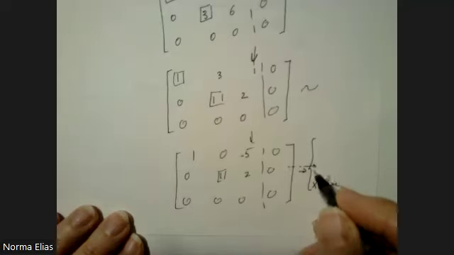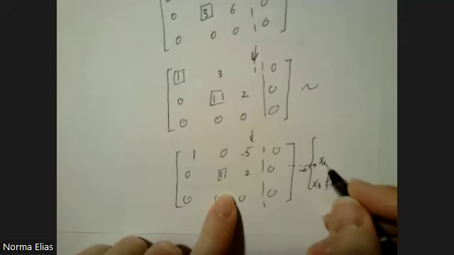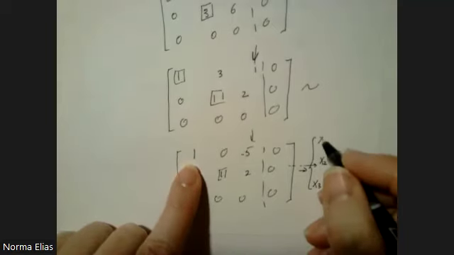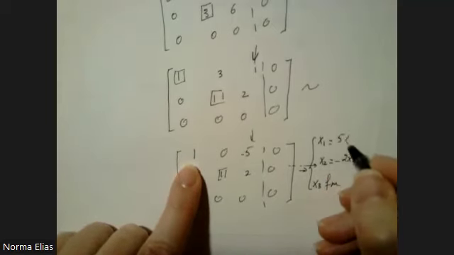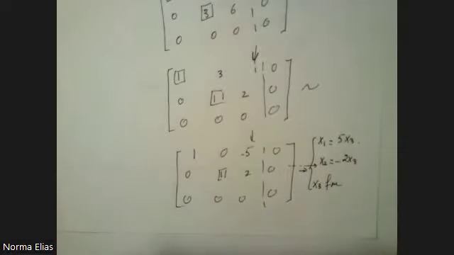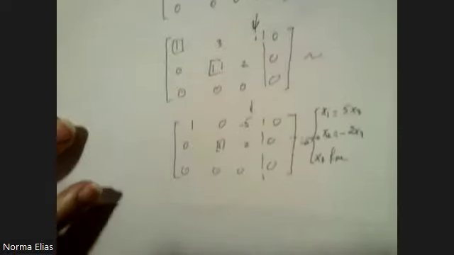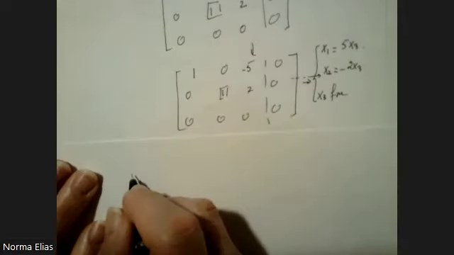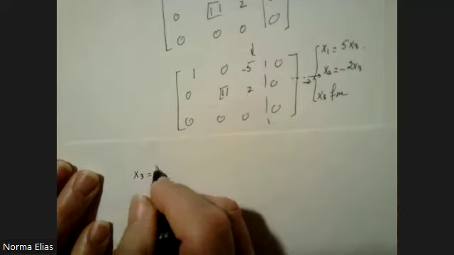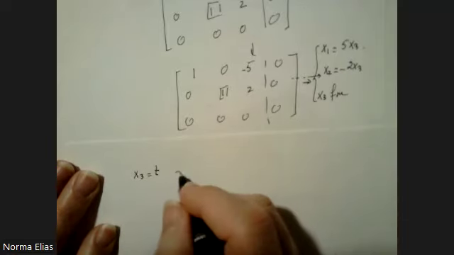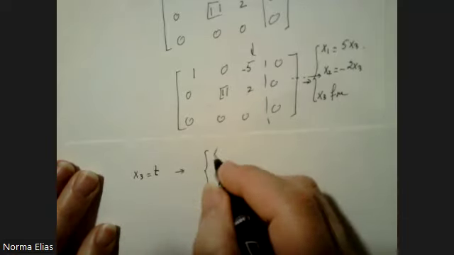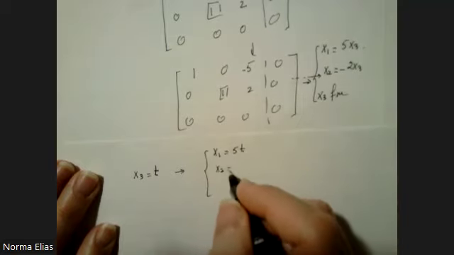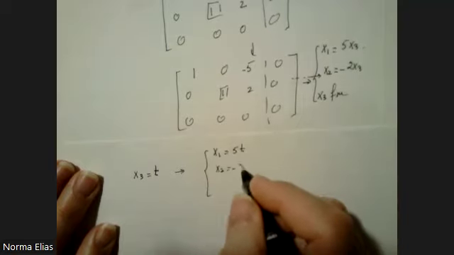The second equation gives me x2 is minus 2x3, and the first one gives me x1 is 5x3. So in parametric vector form, which was the new idea last time, we set x3 equal to t. This gives x1 is 5t, x2 is minus 2t, x3 is t.